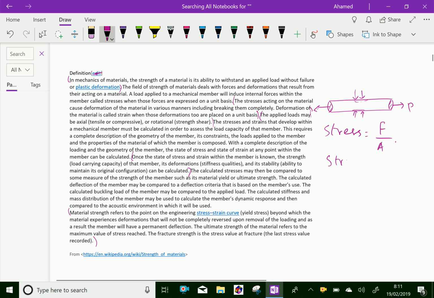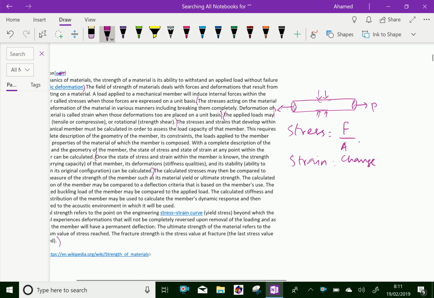Strain is, due to that force some change in length happens, that is change in length divided by original length.